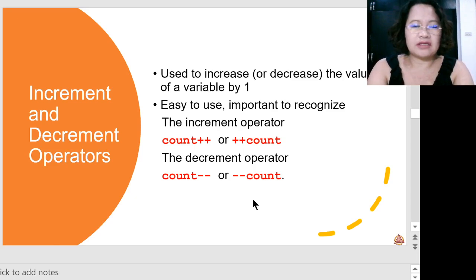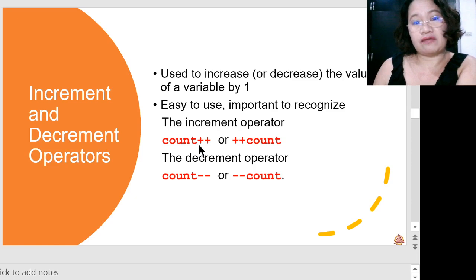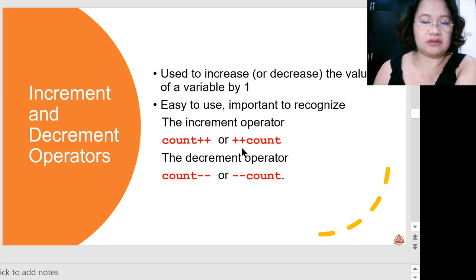This is provided because it's actually a very useful operator. It's a shortcut to subtracting or adding one to a variable. Now, there are two ways by which you can use the increment and decrement operators. You can write it after the variable, or you can write it before the variable.